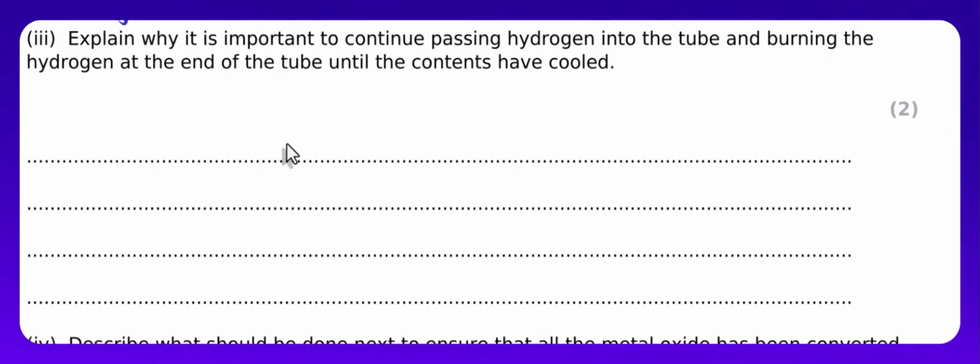So it's okay for you to say to prevent. So you need to keep on passing your hydrogen gas through that tube to ensure that no oxygen joins the tube, because if oxygen enters very quickly, it will react with your hot metal to reform the oxide that you had initially.